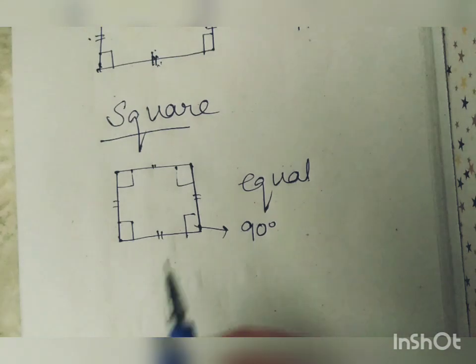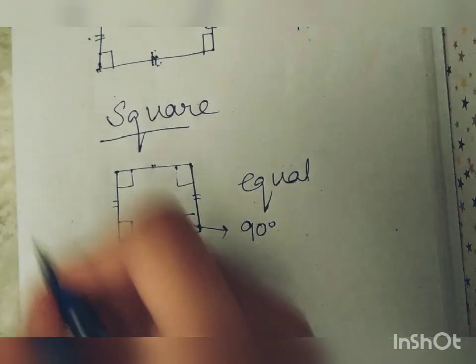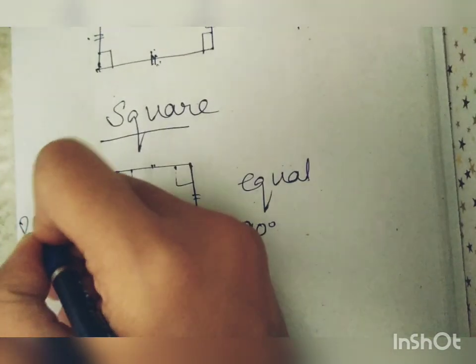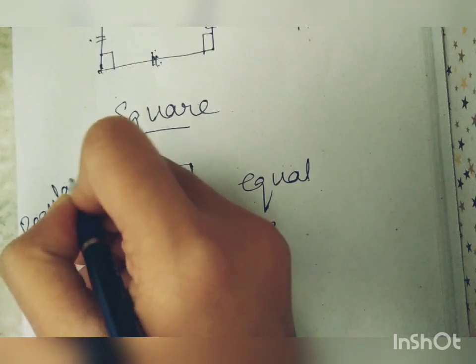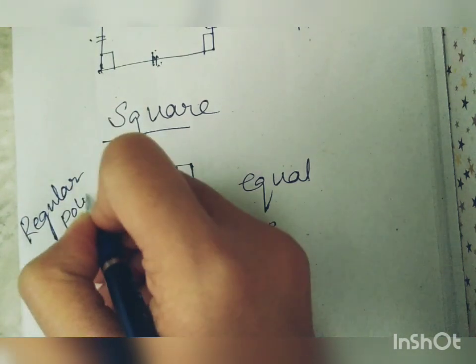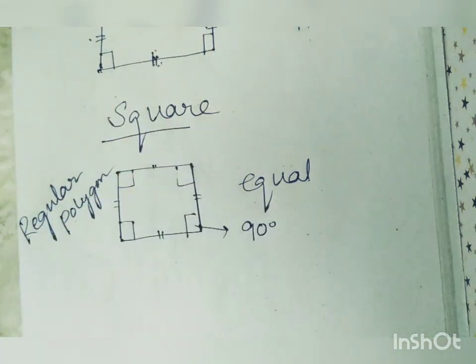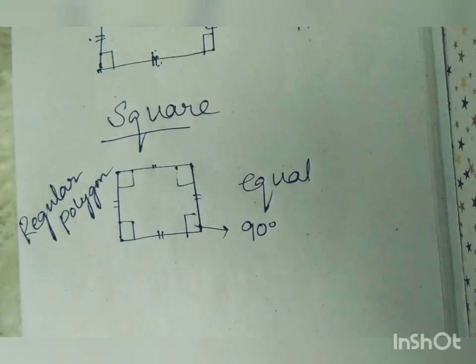That's why a square is a regular polygon. In a regular polygon, as I said, all the sides as well as all the angles will be equal. So a square is a regular polygon just because it has all those characteristics.